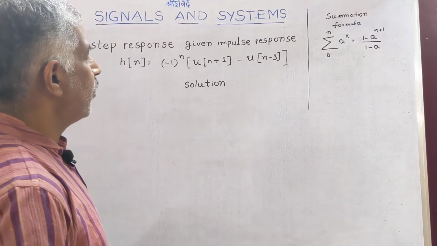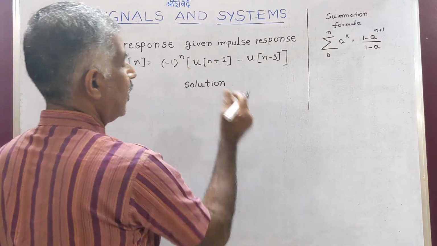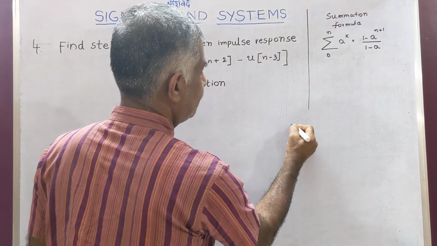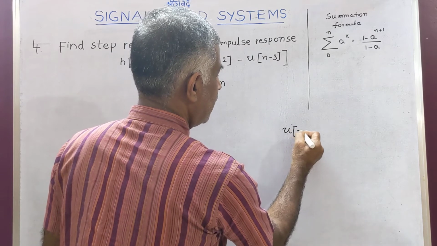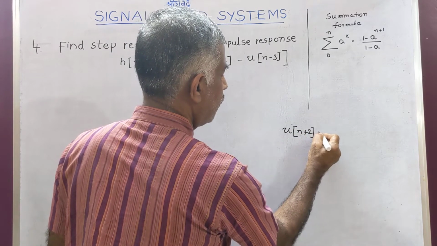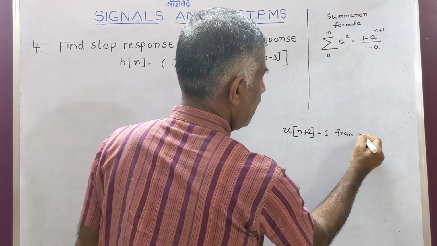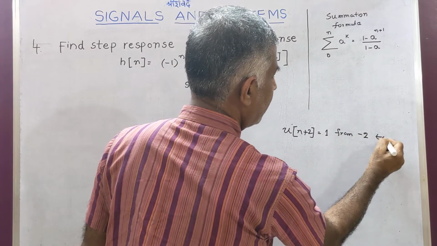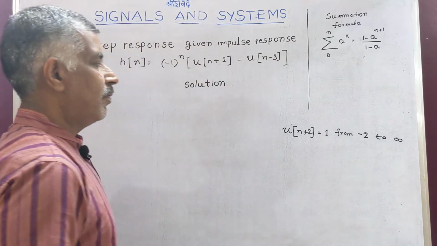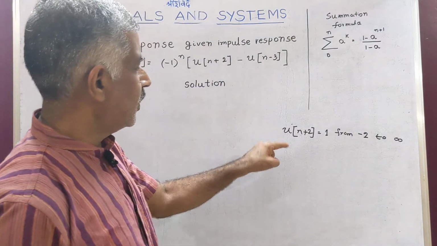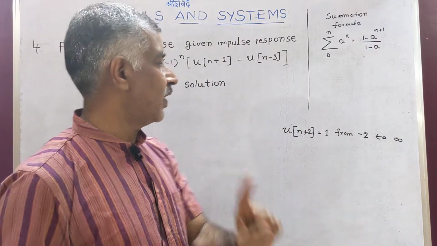What is u of n plus 2? U of n plus 2 is equal to 1 from minus 2 to infinity.